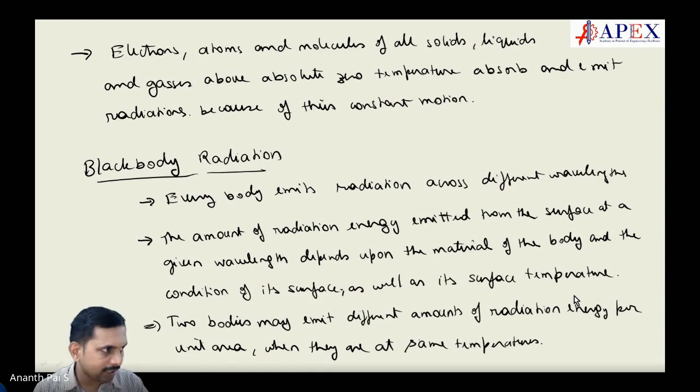At 0 Kelvin, we have never reached, but we know there is something called Bose-Einstein condensate, which is the fifth state of matter. You have solid, liquid, gas, and plasma, and then we have Bose-Einstein condensate.